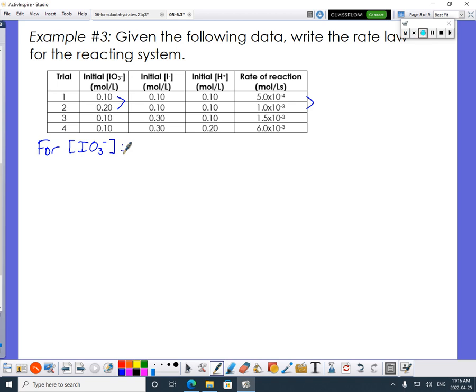So for IO3 we're going to do 1 and 2. 0.2 divided by 0.1 is 2. 1 times 10 to the negative 3 divided by 5 times 10 to the negative 4 is also 2.